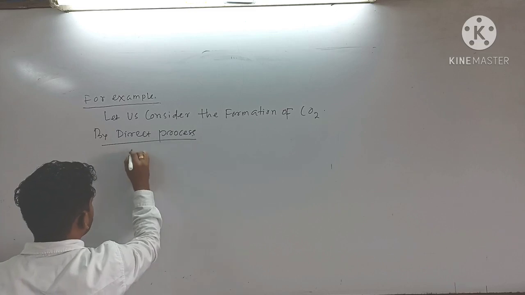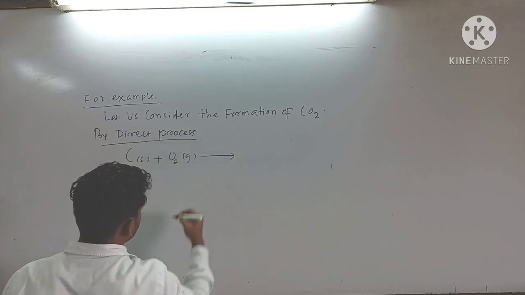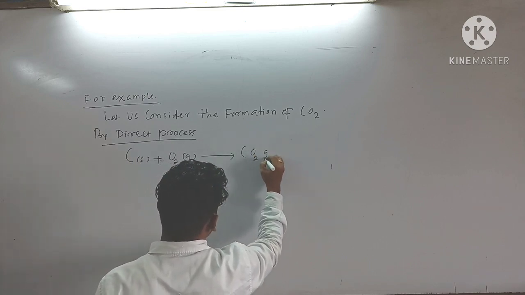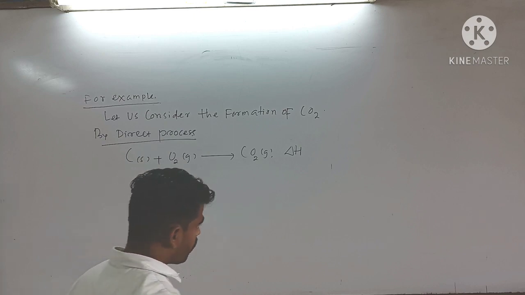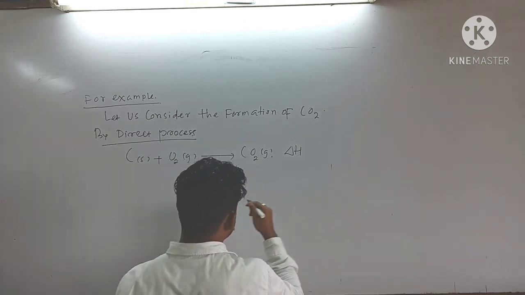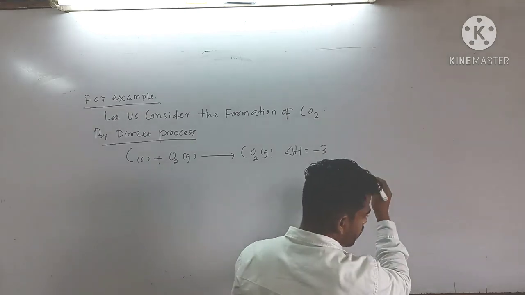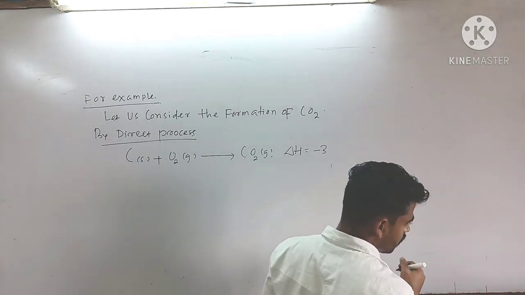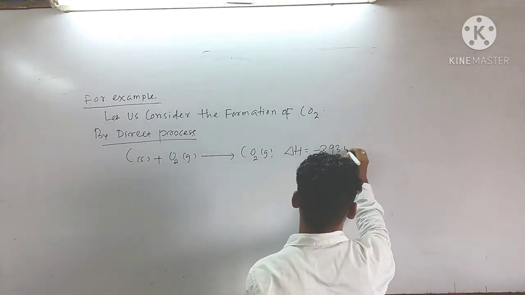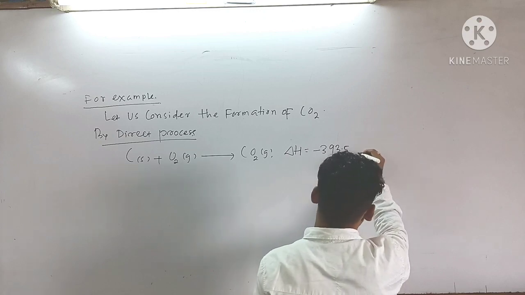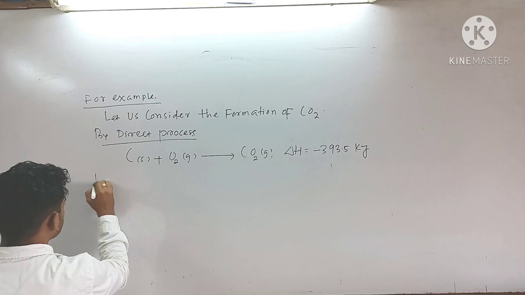What can I write? Carbon solid plus O2 gas giving rise to CO2 gas, and here the enthalpy of combustion, or you can say enthalpy change, del H, that will be equal to minus 93.5 kilojoule. That clear?